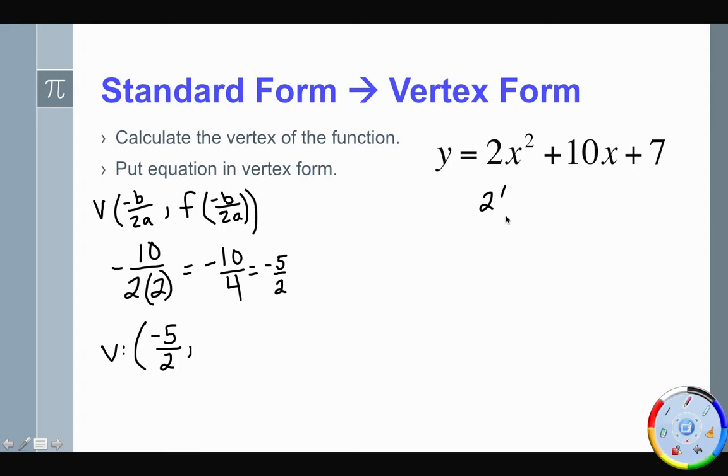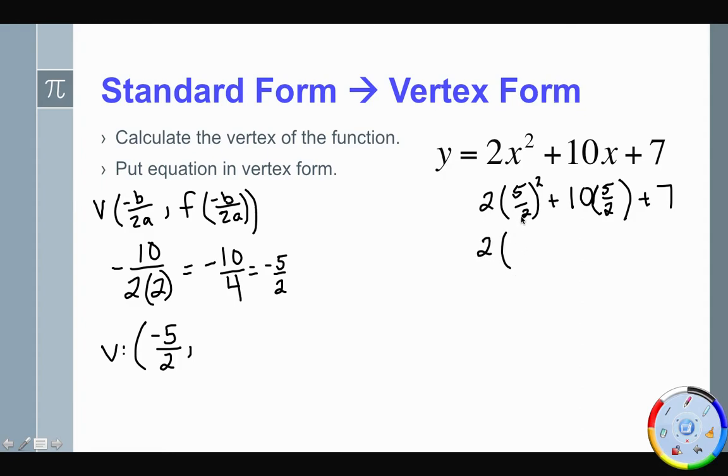So we get 2 times 5 halves squared plus 10 times 5 halves plus 7.